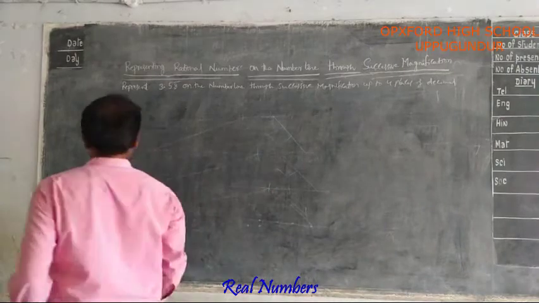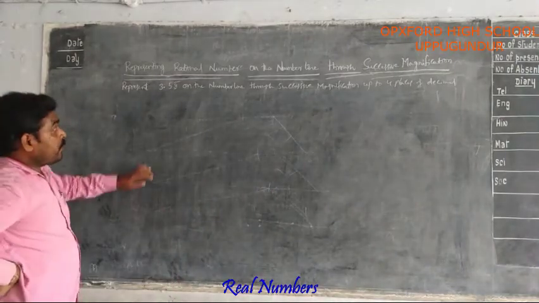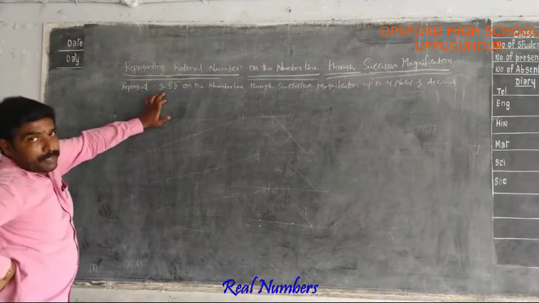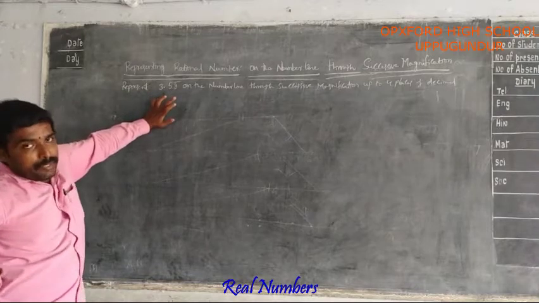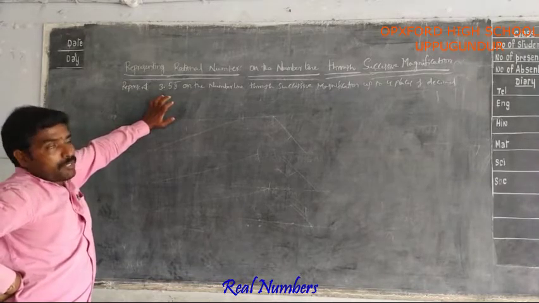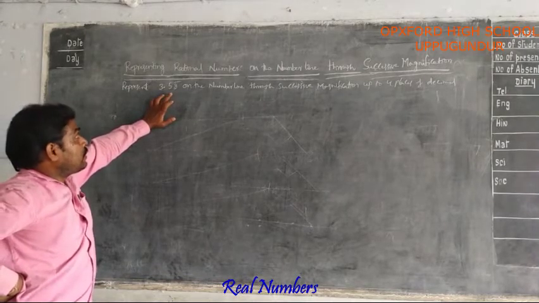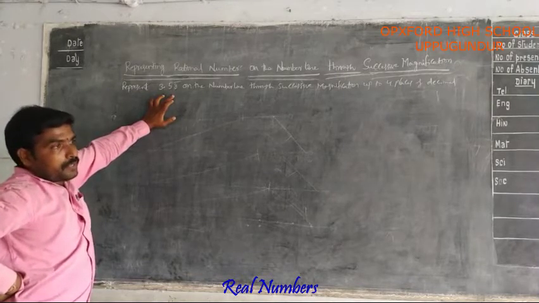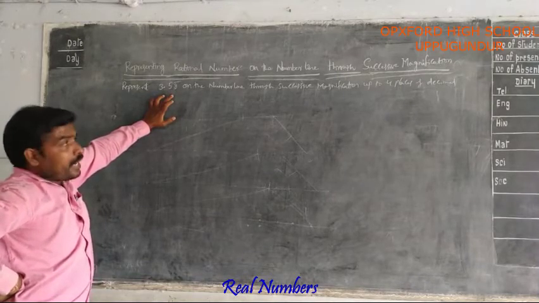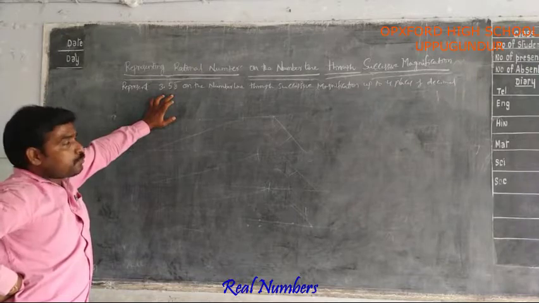So they gave another problem here, that is representing 3.58 bar on the number line through successive magnification up to 4 places of decimals. Here 3.58 bar is nothing but a non-terminating repeating decimal.